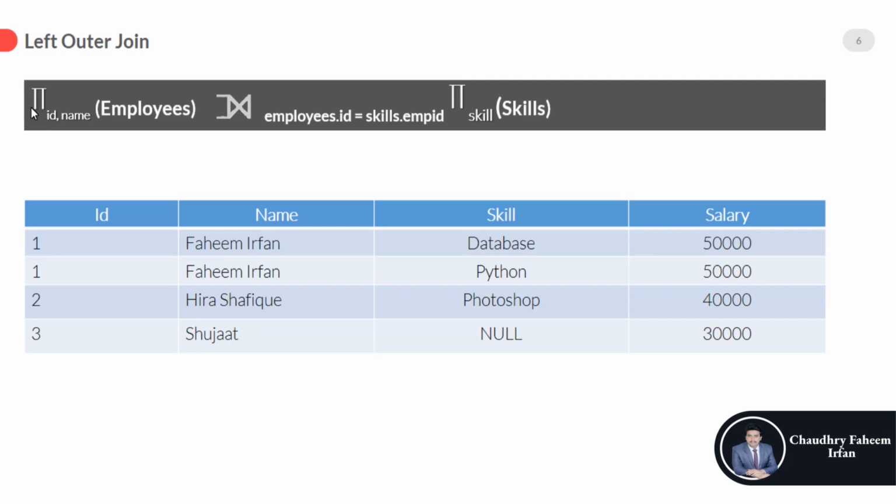Project means ID, name from employees table, and here is the symbol for left outer join, where employees ID is equal to skills employee ID, and by using projection operation we are going to select only the skill attribute from skills table. So this is the relational algebra statement for left outer join.